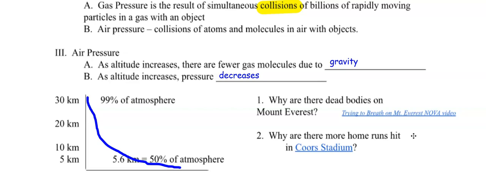So why don't they just bring an airplane up and put the dead bodies on the airplane? No. Why can't they take an airplane? Well, there's no place to land, and there's not enough air. How about a helicopter? Helicopters can land in a very small place, right? Well, how does a helicopter work?